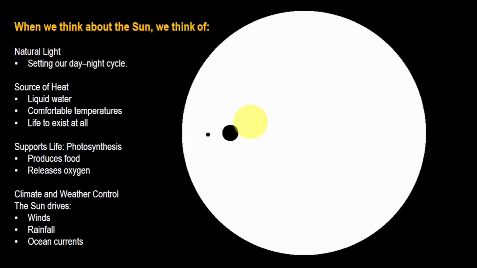Whenever you hear about the sun, can you think about its uses? What is the importance of the sun to us? I'm going to mention a few of them. Number one, the sun is our source of natural light.